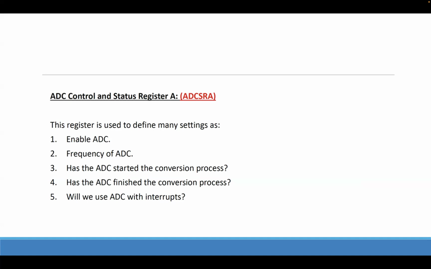So when you want to operate the ADC, you have to enable it, and if you don't need it, you leave it disabled so it does not consume power from the microcontroller. Also, in this register we determine the frequency of the ADC, how the conversion process starts, how it finishes, and also whether we use interrupts.